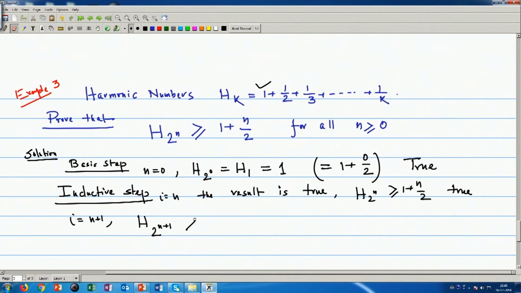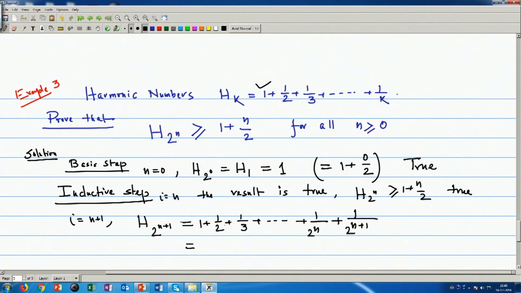Now, what is H 2 to the power n plus 1? This is 1 plus 1 by 2 plus 1 by 3 plus up to 1 by 2 to the power n, plus 1 by 2 to the power n plus 1, and so on.